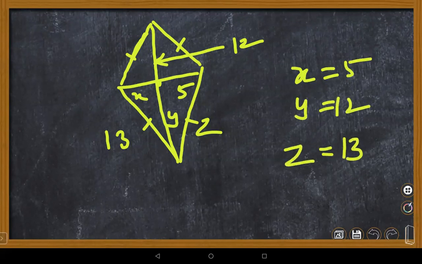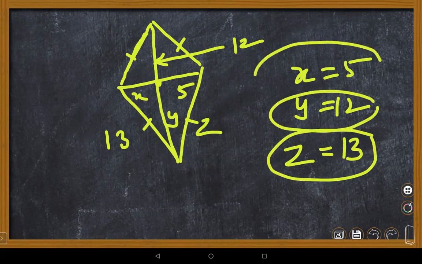Why? Reasons. Ma'am, because all sides are equal in a rhombus, so Z equal to obviously 13. Yes, but ma'am, we don't know what property you are using to find out the values of X and Y. Ma'am, hypotenuse rule.